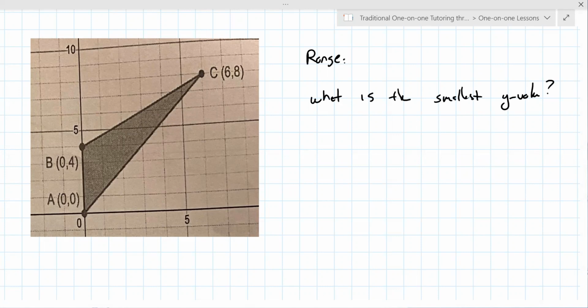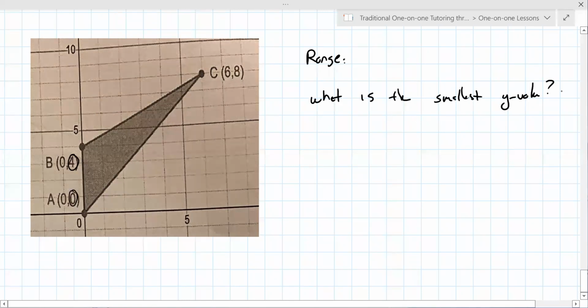So 4 is the smallest y value, you can't get any smaller than 4. What about 0? Yeah, 0. It's definitely 0. What is the largest y value? 8. So this is all the numbers from 0 to 8.